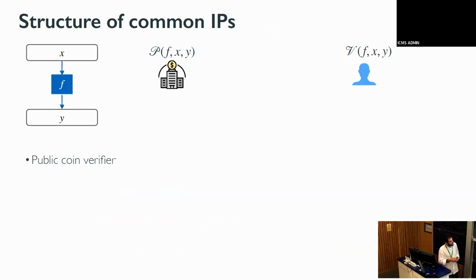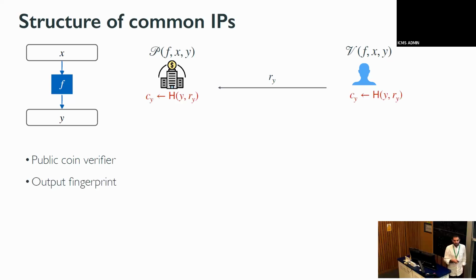Okay, so how can we use now this notion? So essentially the idea we started from was an observation that most of the common interactive proofs follow the following structure. We are considering public coin interactive proofs. So they start with the verifier sampling a random R_Y. Then prover and verifier compute an output fingerprint, so a fingerprint of the output.